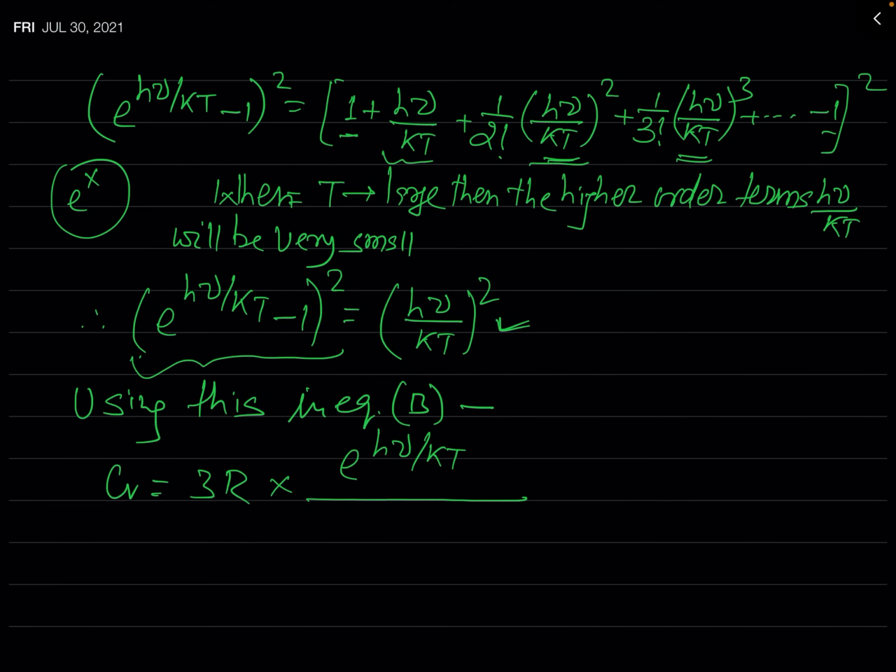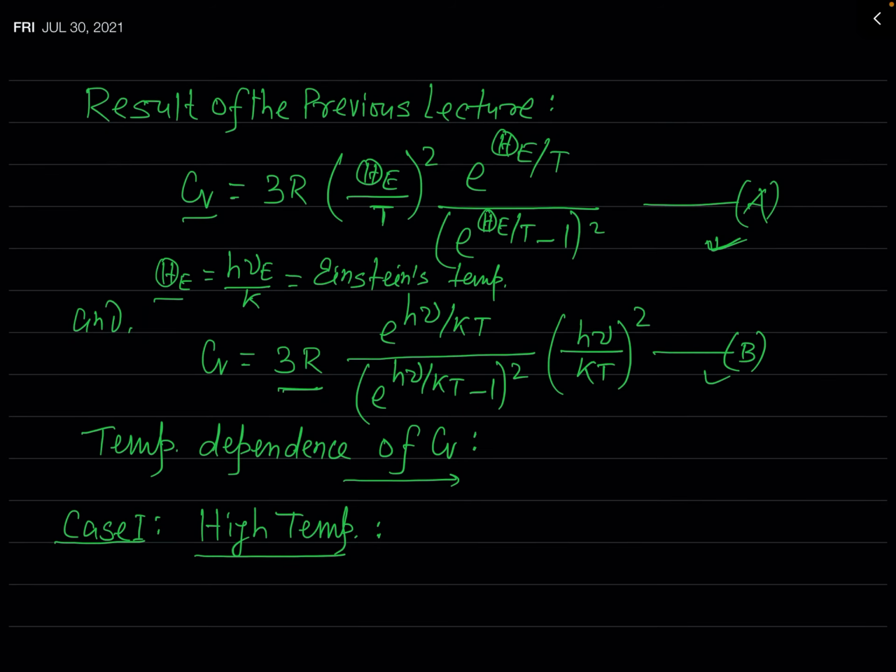But you have seen that this factor is simply equal to h nu over kT whole square. So this is h nu over kT whole square, and times what is here?